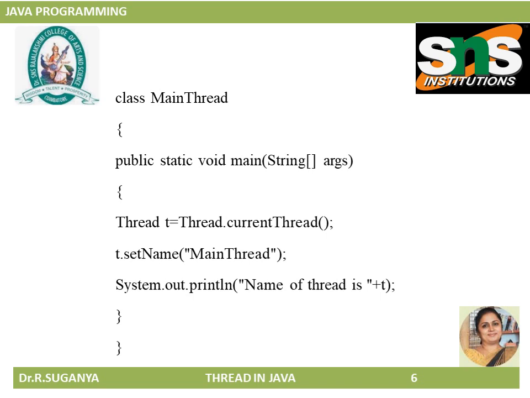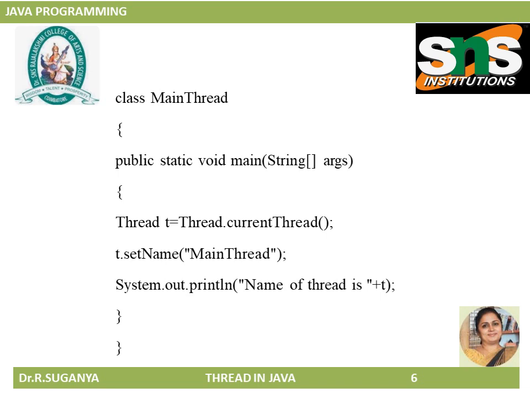So here is a program which has a class named MainThread, followed by the class keyword and public static void main(String[] args). Here the Thread class is being used to create an object. Thread is a keyword and t is the object here.